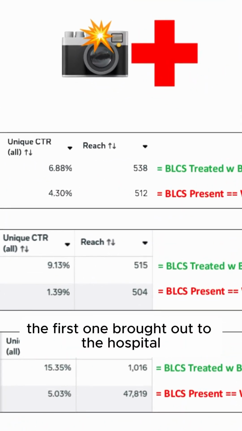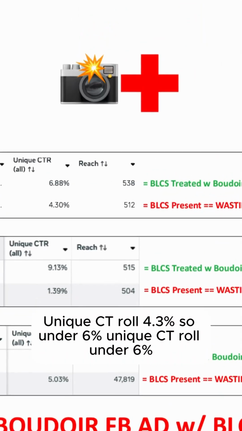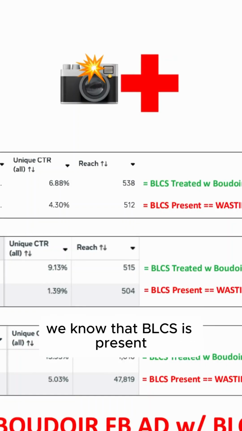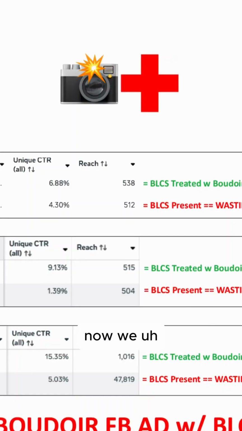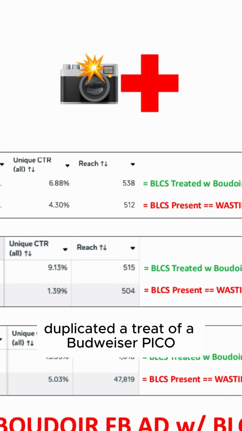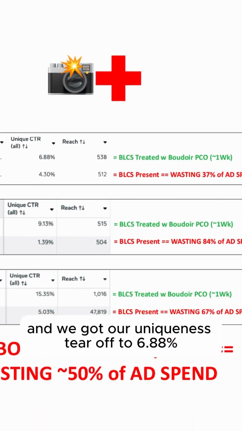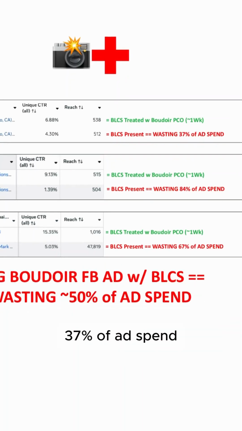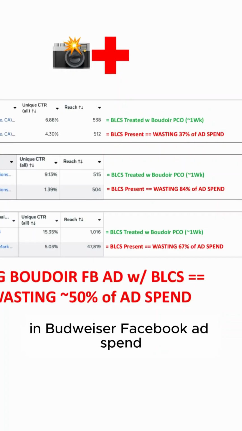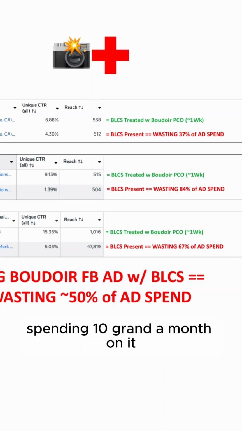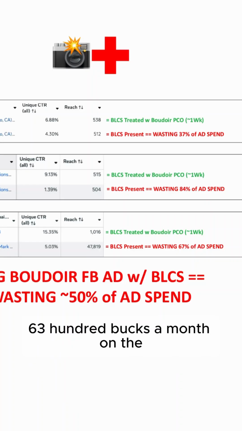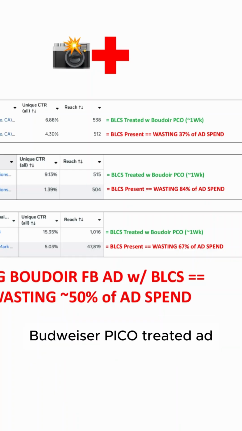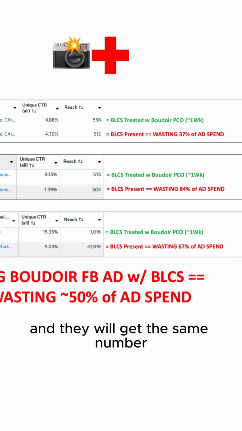Found some Boudoir Facebook ads out in the wild. Tested the first one, brought it to the hospital. Unique CTR 4.3%, so under 6%. We know that BLCS is present. We duplicated it, treated with Boudoir Pico. Took about a week, and we got our unique CTR up to 6.88%. So we found the original Boudoir Facebook ad is wasting 37% of ad spend, which means if the original was spending 10 grand a month, now the Boudoir photographer only needs to spend $6,300 a month on the Boudoir Pico treated ad, and they will get the same number.